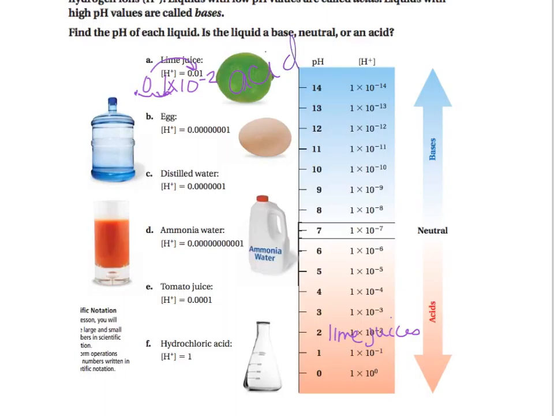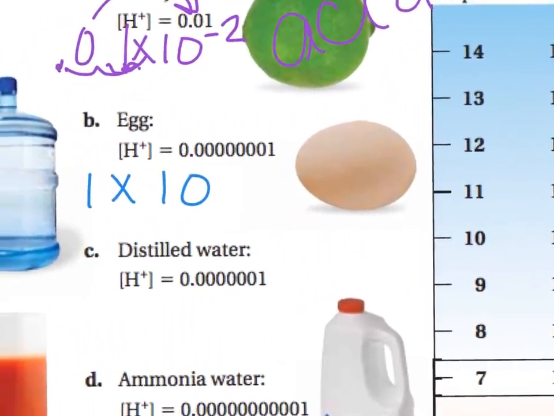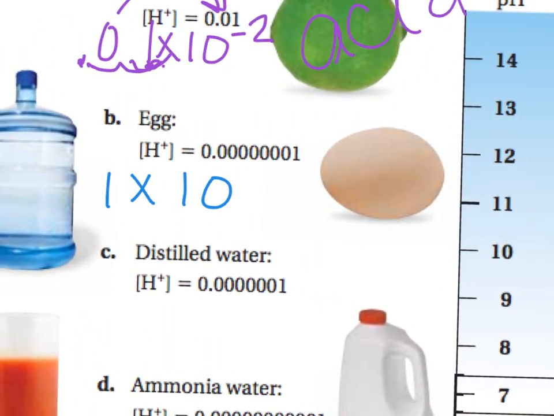All right, then we've got the egg. That's going to be 1 times 10 to what power? I need to move it over. Oh, we got to count that. Let's see if I can make this bigger here. Here we go. We got to count this, right? How many places do I move it over? Remember, our decimal's right here, so technically the decimal's right there, and I have to say, how do I get it back there?